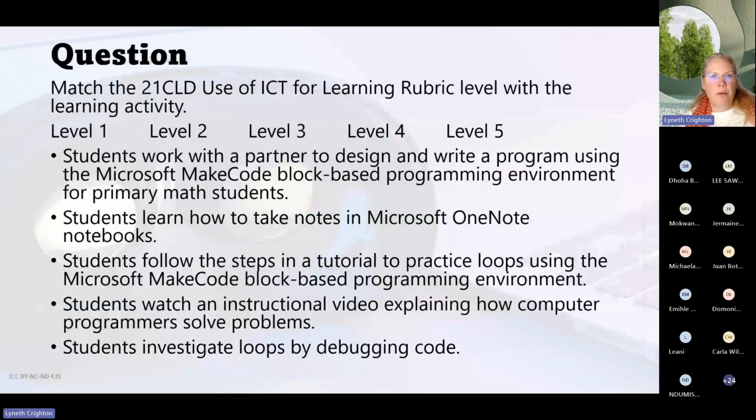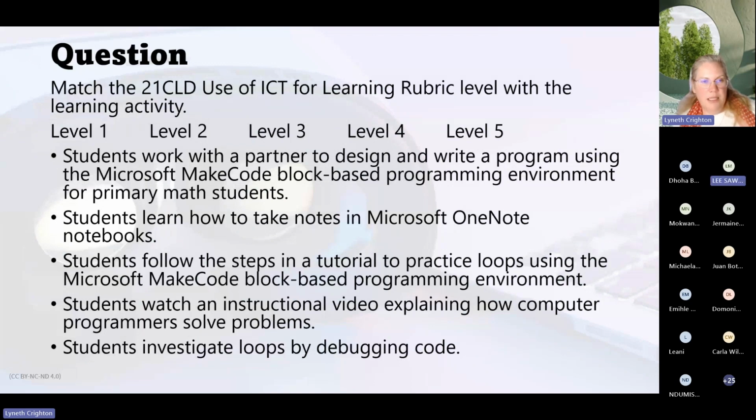And an example is you would look at these activities and decide whether they're level 1, 2, 3, 4, or 5. It once again is a 5-level rubric. And if they work together to design a program using MakeCode block-based programming for a primary school math student.